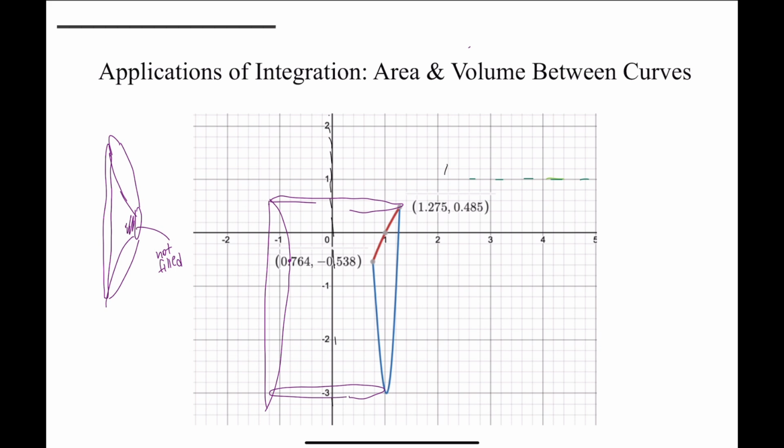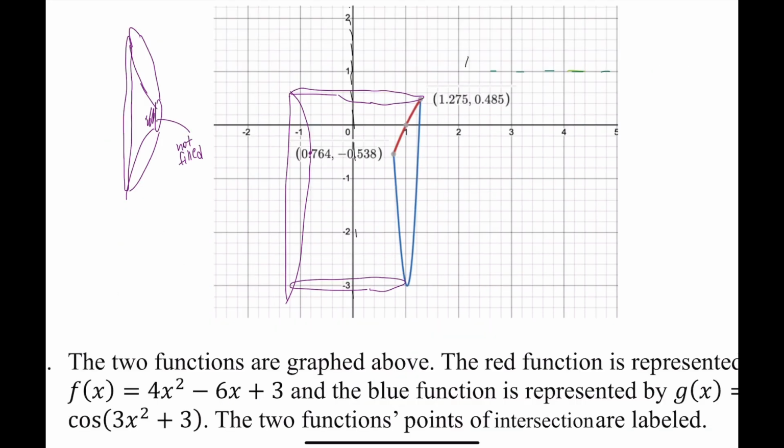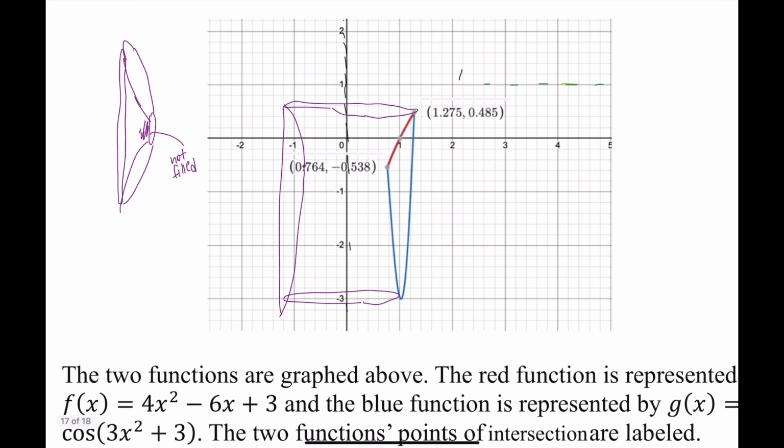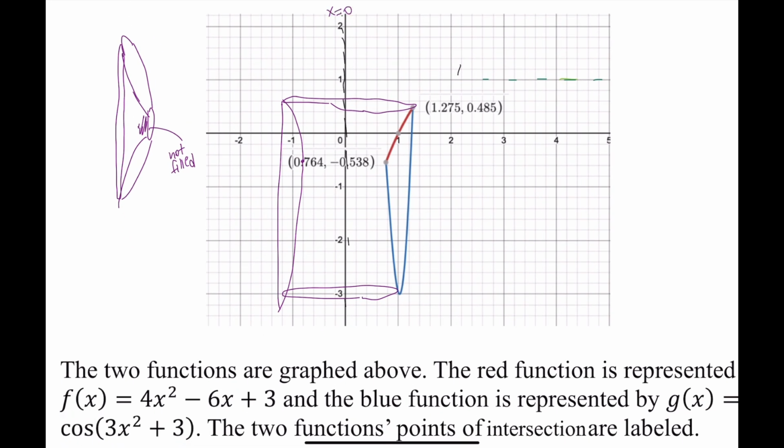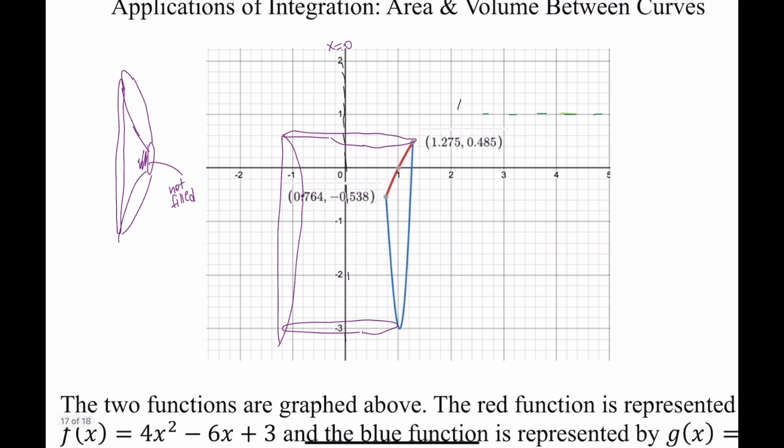Because we are putting this in terms of x, and we're revolving this around x equals 0, to find our radius it's going to be this part. Just memorize this: if it's in terms of x, then the radius will be horizontal, and if it's in terms of y, it would be in the vertical direction, along the x-axis and along the y-axis.